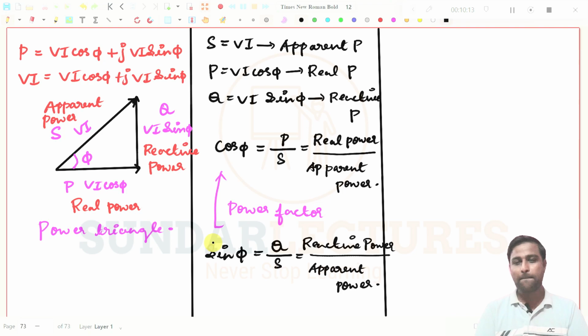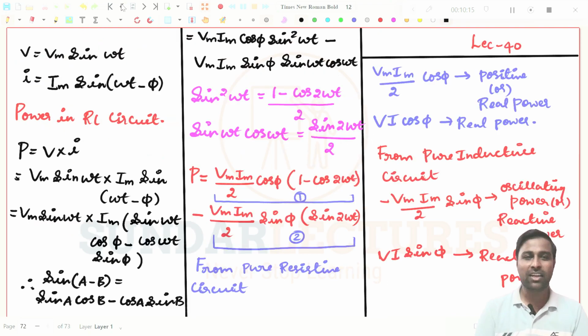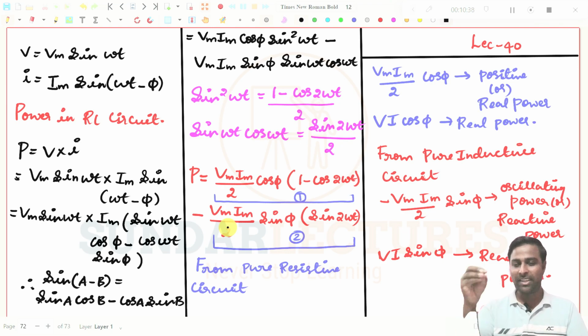And that is what we have got here also. See this term, 1 minus cos 2 omega t will be totally related to the resistor, and sin 2 omega t will be totally related to the inductor.